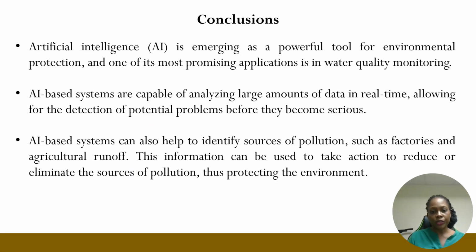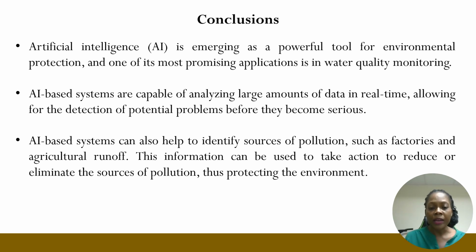In conclusion, we have seen that AI is emerging as a powerful tool for environmental protection, and one of its most promising applications is in nutrient loss monitoring from agricultural fields. We have also seen that AI-based monitoring systems are capable of analyzing large amounts of data in real time, allowing for the detection of potential problems before they become serious.